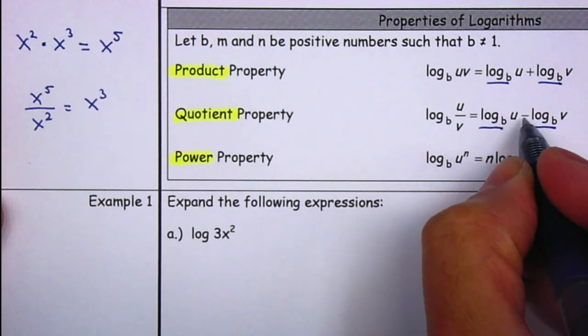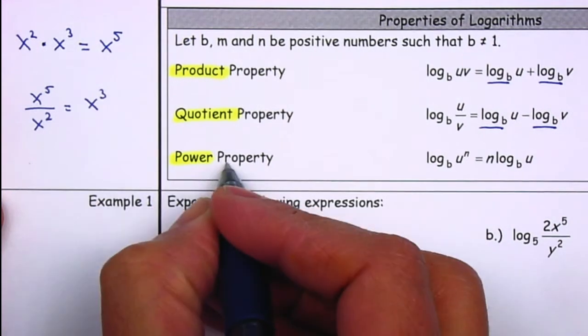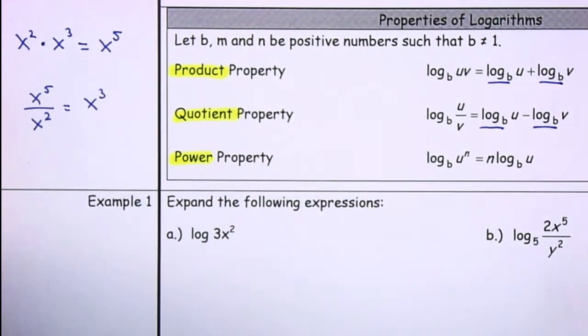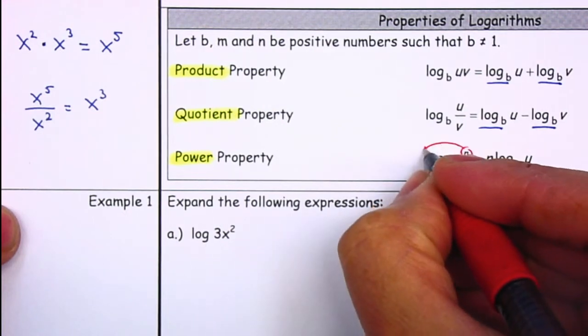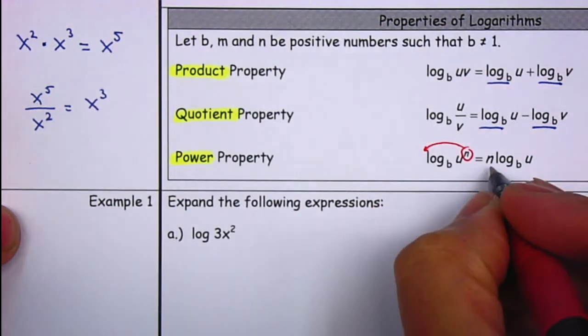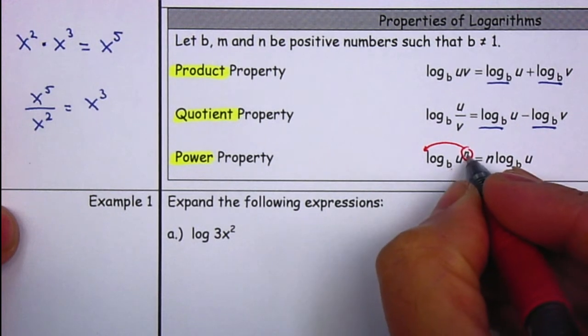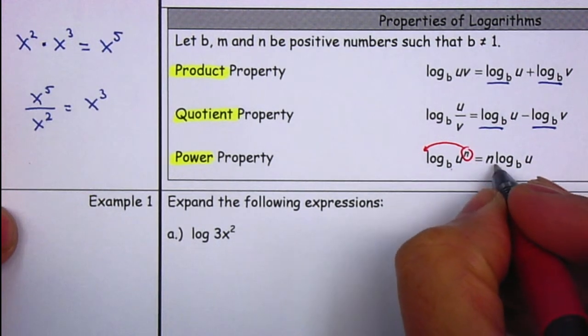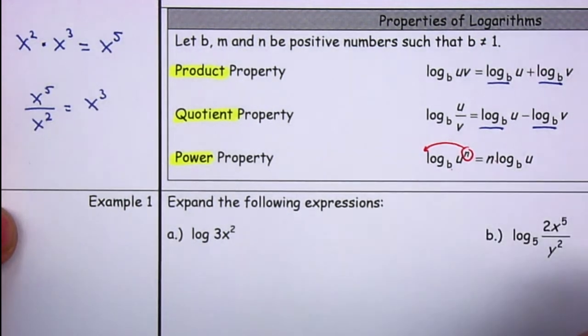Log base b of u minus log base b of v. The power property tells you if we have an exponent, we can place it on the front as a coefficient. So log base b of u to the n power is equal to n multiplied by the log base b of u.